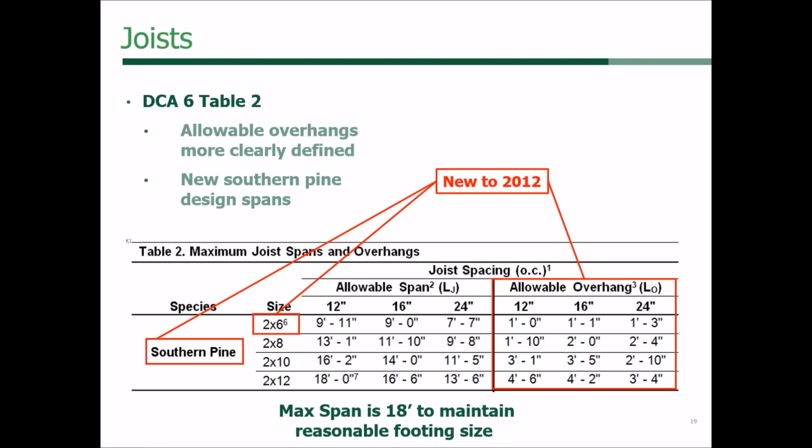The code will develop this way, and then DCA6 will change to match the code, and then the code will say, oh, we liked how that was, and then it'll change to match DCA6. So it's kind of going a circular method. But this in particular was brought in the 2018. So if you look at the 2015, it's not going to look like this. And DCA6 is actually going to be a little more generous with their spans, consequently.